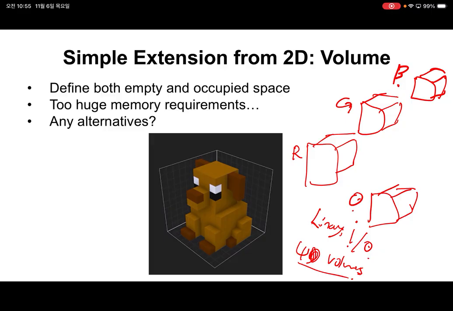We can, but the limitation, the weakness, is that it has a huge memory requirement. These days we have 4K images, right? 4K means 4,000 pixels, and typically 2,000 pixels in the other direction. But if we need to get enough resolution, then we need to introduce an additional 4K.